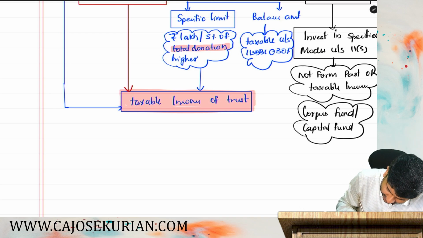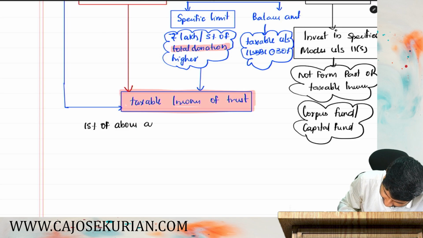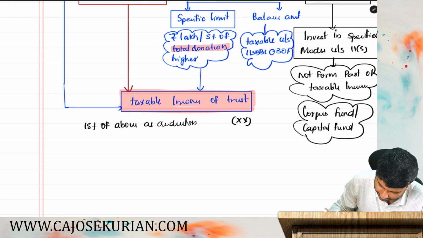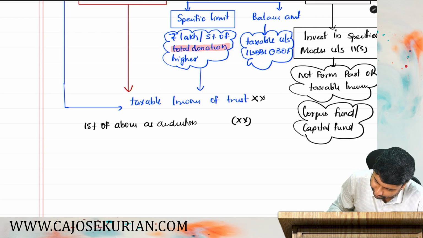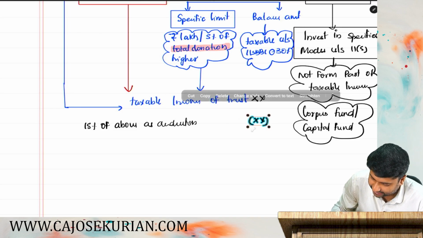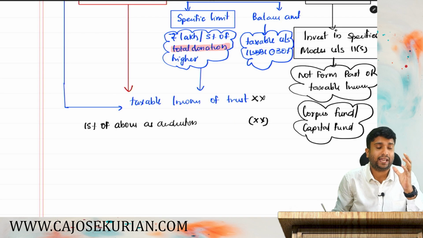So, first of all, you can claim 15% of above as deduction. However much your taxable income of the trust is, you can claim 15% of that as a kind of standard deduction. We call it accumulation.